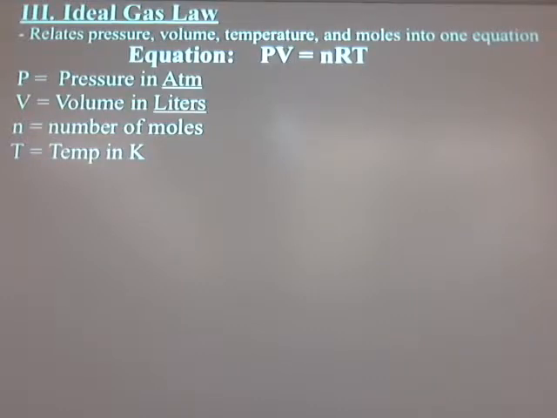Temperature's always had to be in Kelvin. And this new thing we're going to throw in with all this other gas stuff, moles, is a great little link to how we can get to quantities like moles and stoichiometry and equations together with gases that we've learned about last chapter.